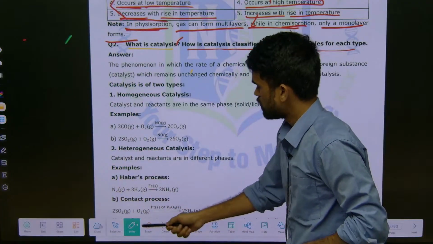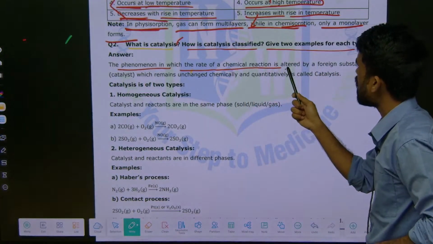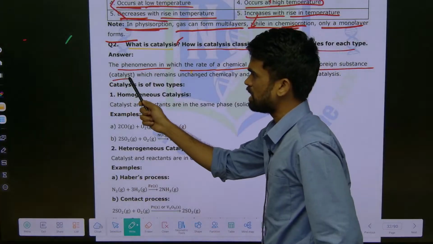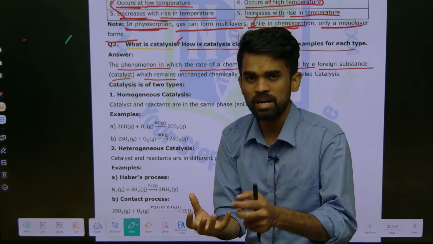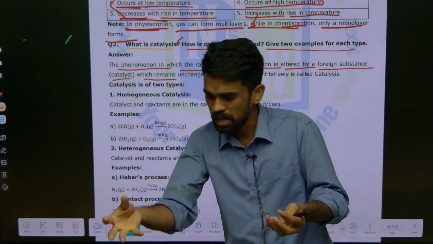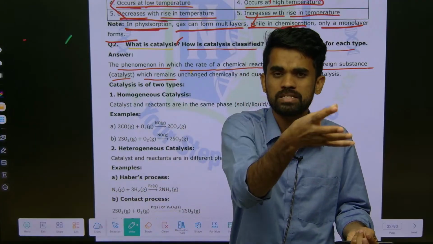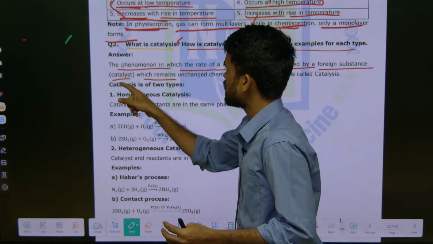Here you just read: the phenomenon in which the rate of a chemical reaction is altered by a foreign substance, that is called catalyst, which remains unchanged. It means it will speed up the reaction, but there is no change in the catalyst composition.